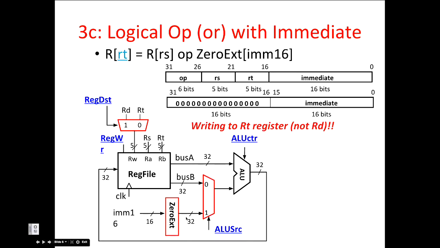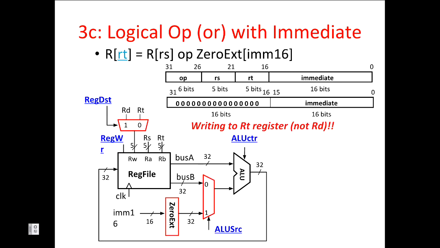So here we've introduced a new control signal called ALU source, and in this case we will set ALU source to a 1 so that we're getting the immediate value rather than the register value. The other control signal that you've already seen is reg write. That one has to be a 1 because we're going to write to the register specified by RT.